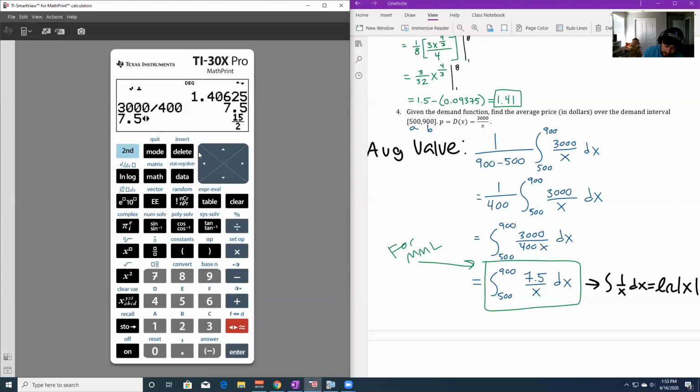Which means we can continue, and this becomes 7.5 times the natural log of the absolute value of x, evaluated from 500 to 900.